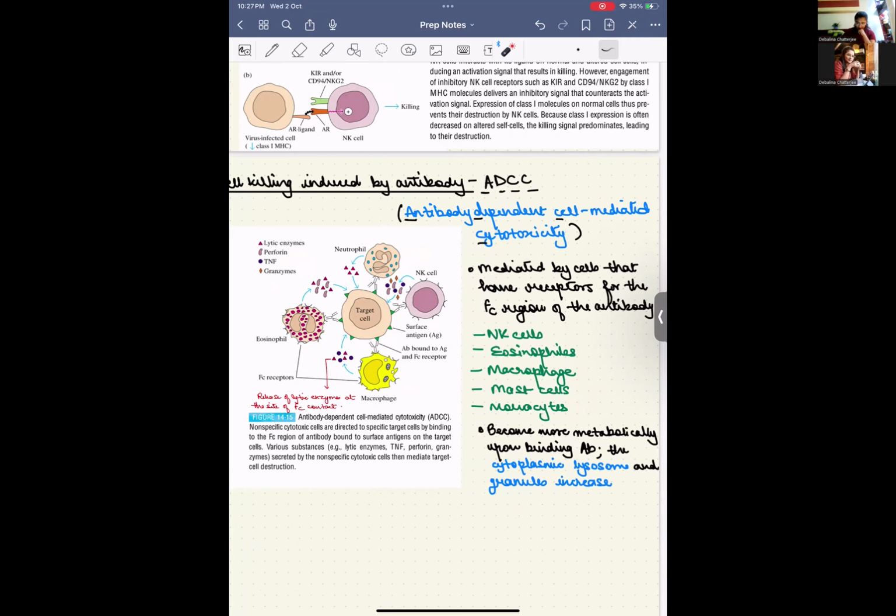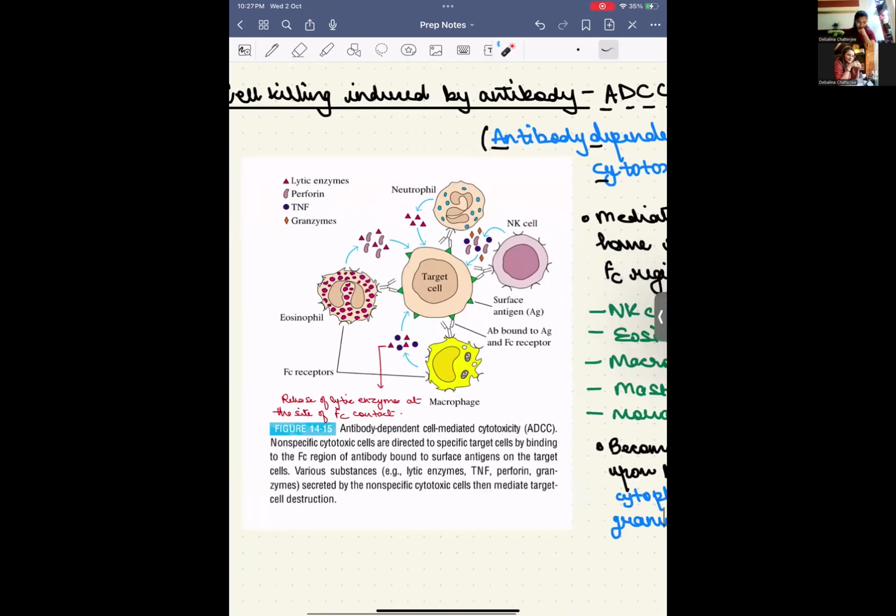If you look at this diagram, it shows all the cell types that have Fc receptors for the constant region of antibody. Initially we have a target cell which is displaying some sort of antigen. Which class of MHC displays it? No class of MHC. MHC is not involved in antibody recognition.